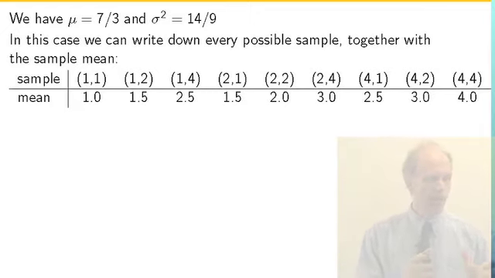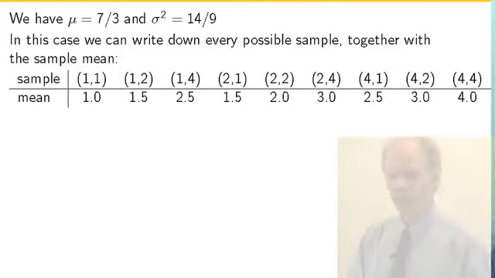And for each pair, we could write down the sample as an ordered pair. So in this table here, it shows the samples. 1, 1 says the first element was a 1, the second element was a 1, 1, 2, first element a 1, second element a 2, and so on. We can actually write down this very simple example, every possible sample that we could draw from the population.